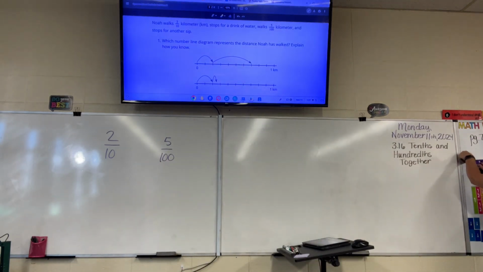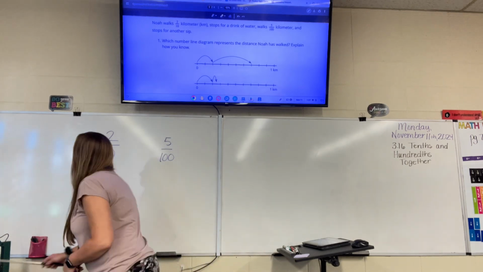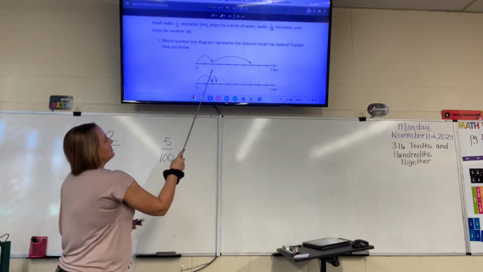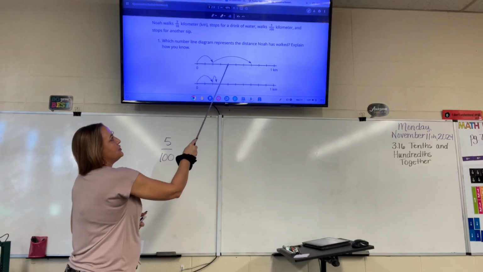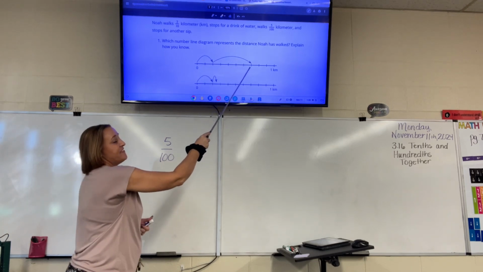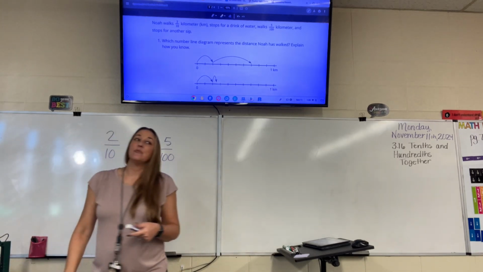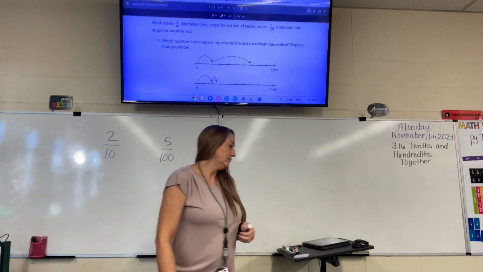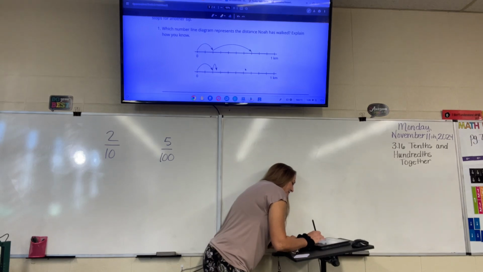And then he walked 5/100ths. So 5 little tiny hundredths. What does this say? 1/10, 2/10, 3/10, 4/10, 5/10. So the correct number line would be which one? The second one. B. Okay. So we're going to put a star next to the second one.